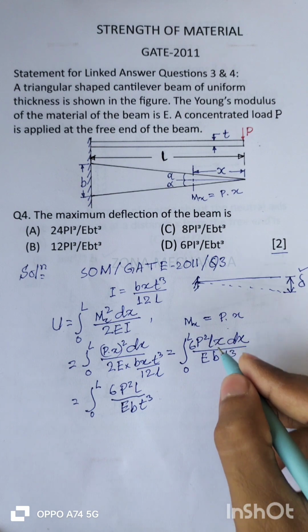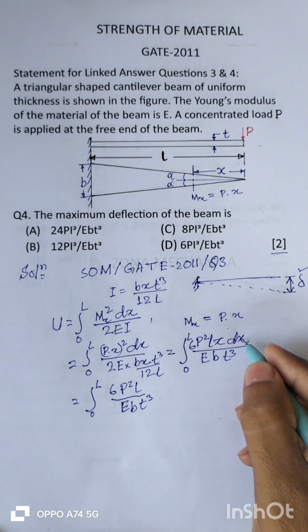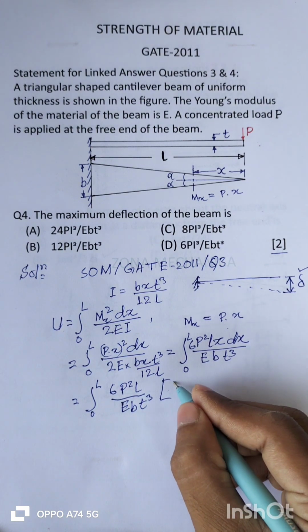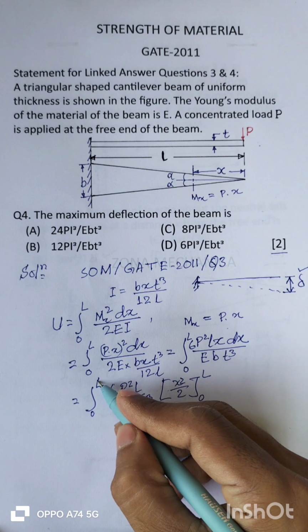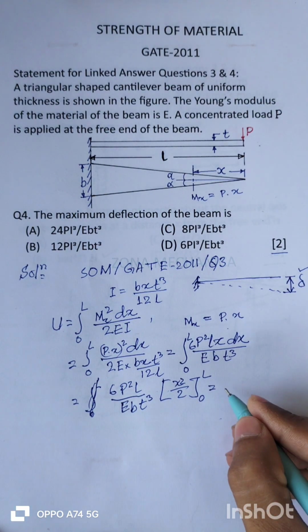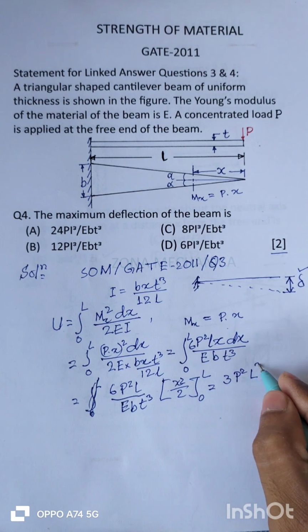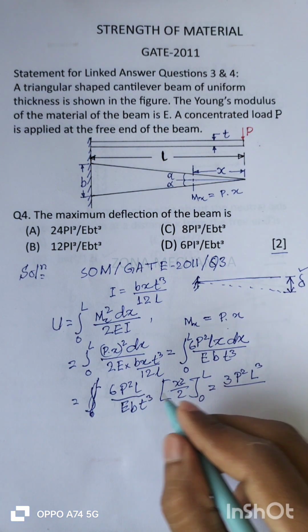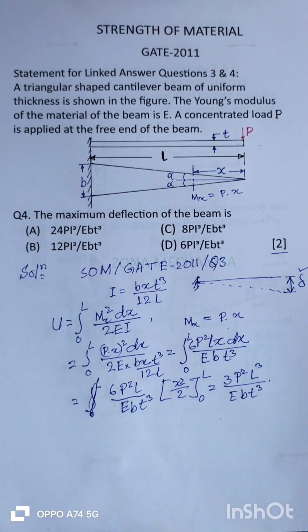So only x is the variable. If we integrate x dx, it will give x square by 2, from 0 to L. I am omitting the integration sign over here. This will give 3 P square L cube by E b t cube, right?